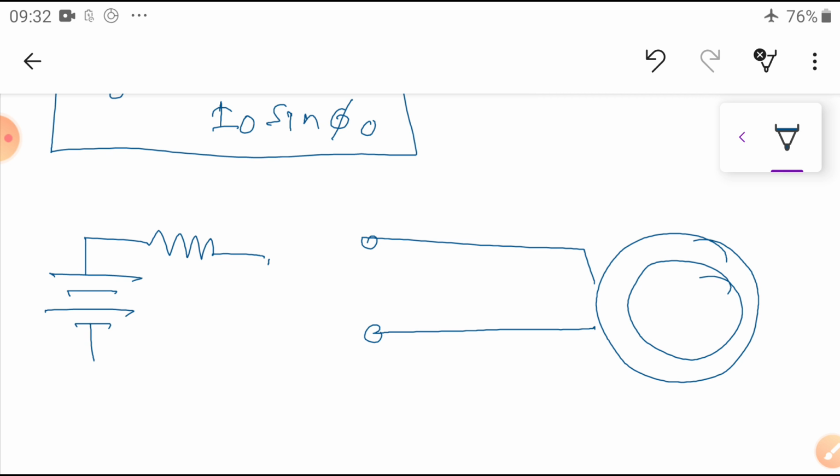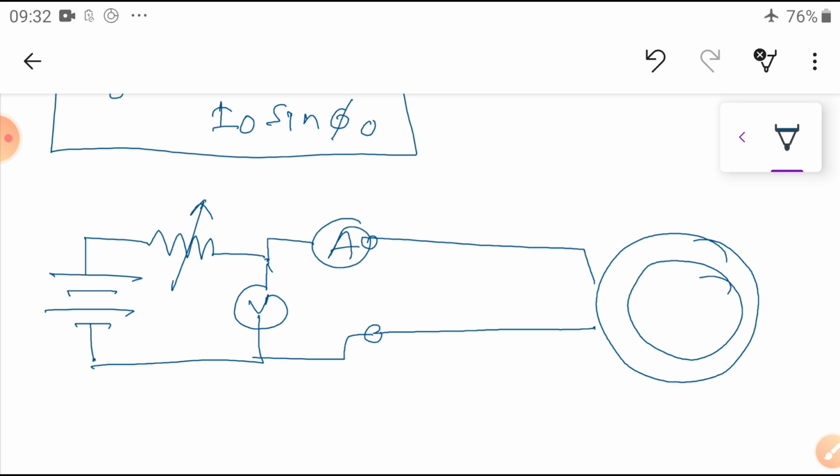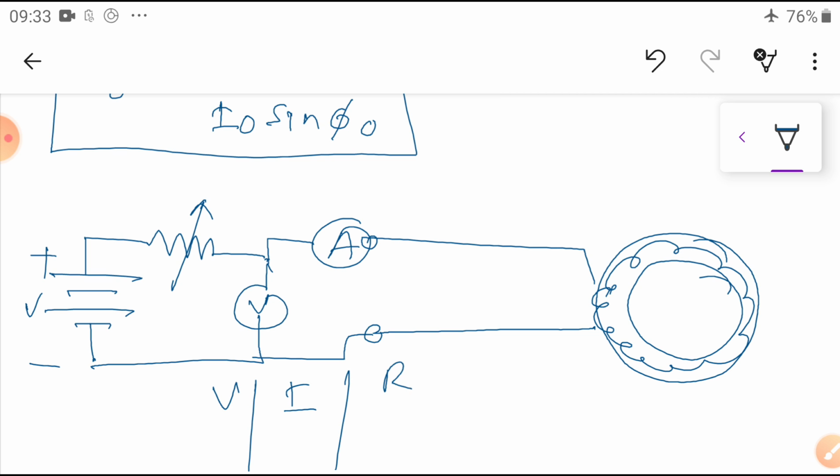Now it is connected to one ammeter here. Now you connect one voltmeter also here. Now change this variac. Here the winding is between the two phases. Now you give the voltage, note the voltmeter reading and ammeter reading, and this gives the R values, you take it.